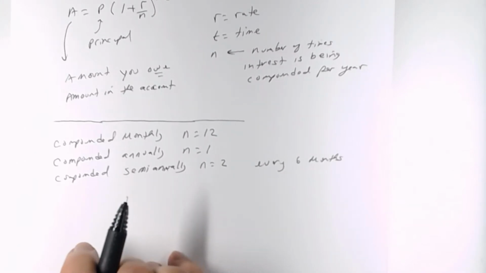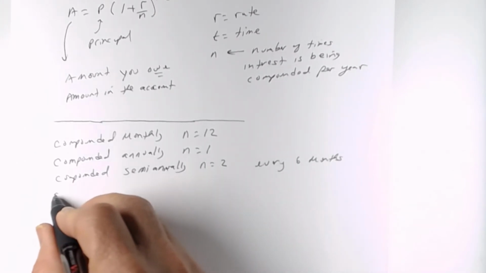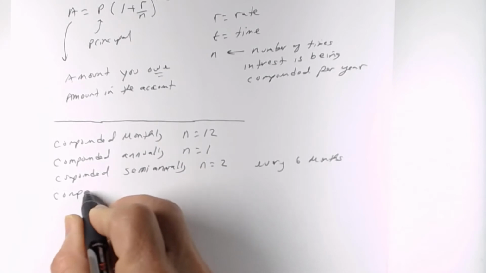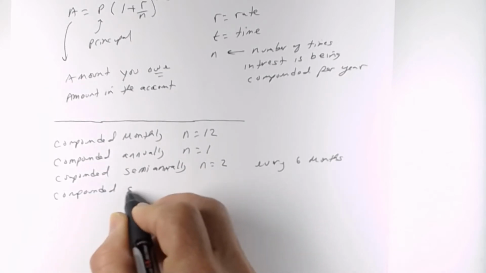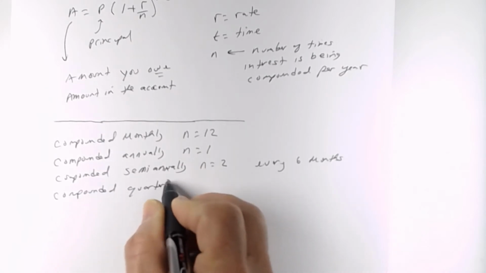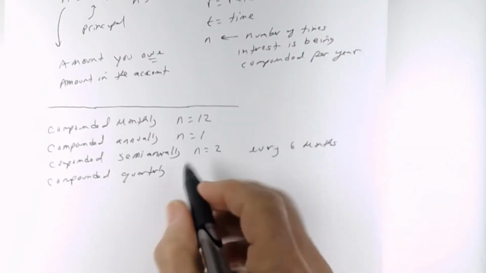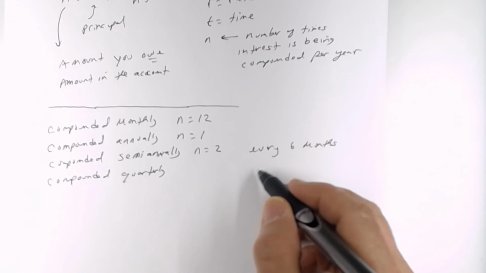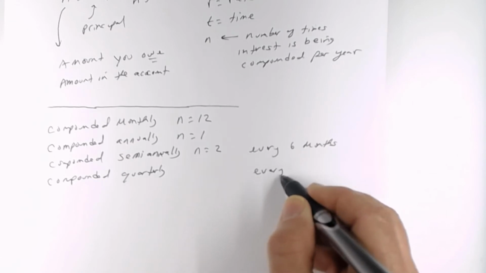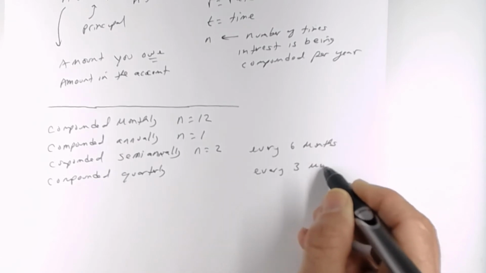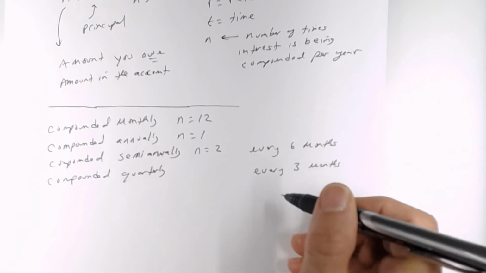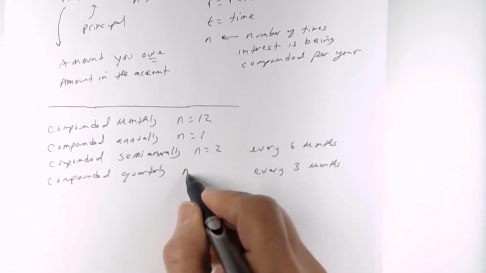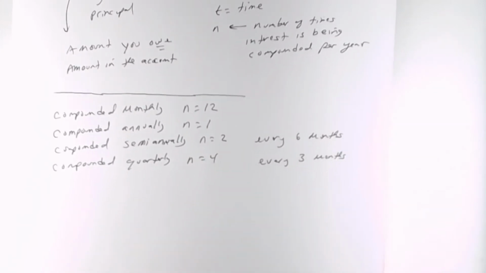And the other one would be compounded quarterly. Compounded quarterly means every 3 months. So how many every 3 months are there in a year? 4. And it's easy to remember. Think of how many quarters in a dollar. 4.